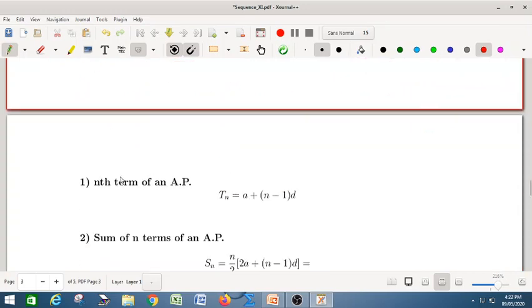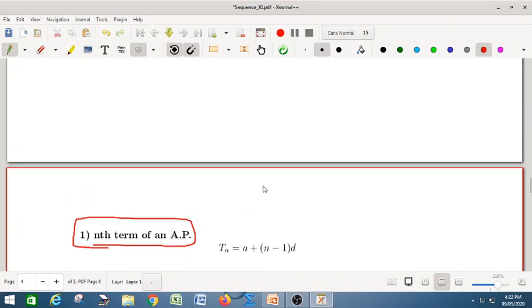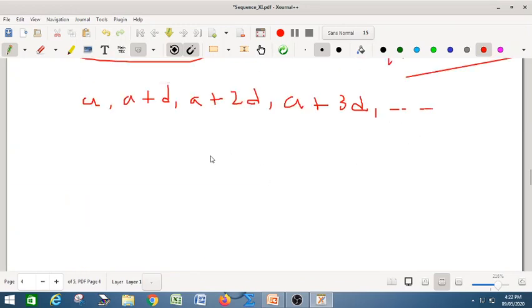So what is the nth term of the AP? This is a very important formula. There are two very important formulas. One of the formulas is this one. Look at that. The second term is a plus 1d, third term is a plus 2d, fourth term is a plus 3d. So the nth term is naturally a plus n minus 1 into d.